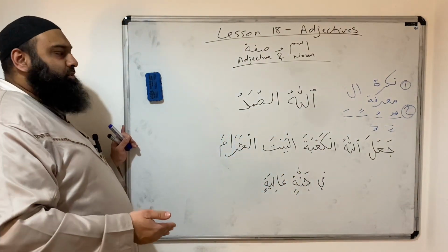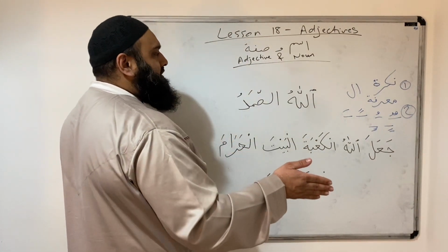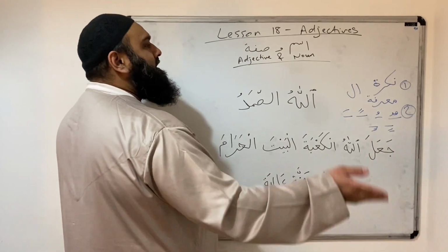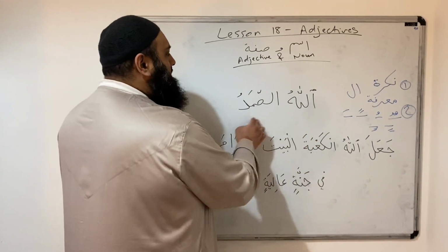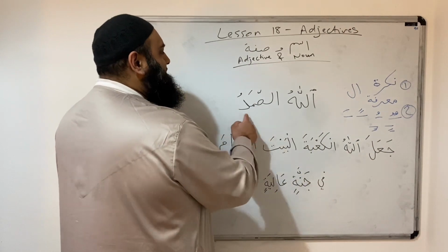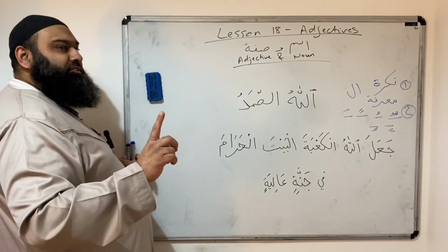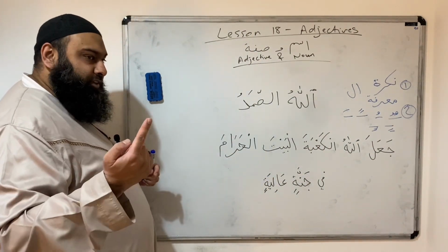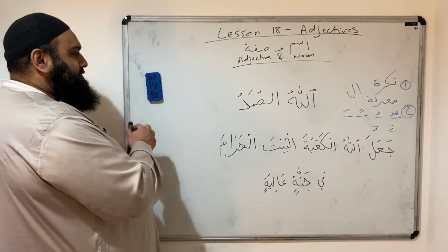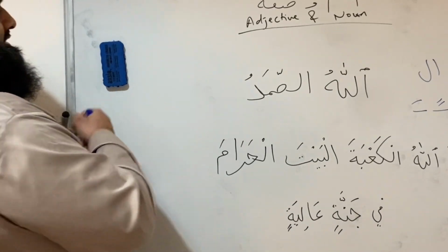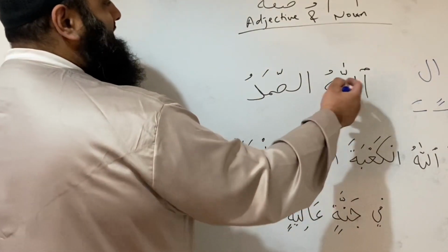In Surah Al-Ikhlas, we have: A'udhu billahi minash shaitanir rajim, Bismillahir Rahmanir Rahim, Qul huwa Allahu ahad, Allahu Samad. Allah is self-sufficient. The actual meaning is: the Allah, the self-sufficient, because Allah is Al-Ilah.